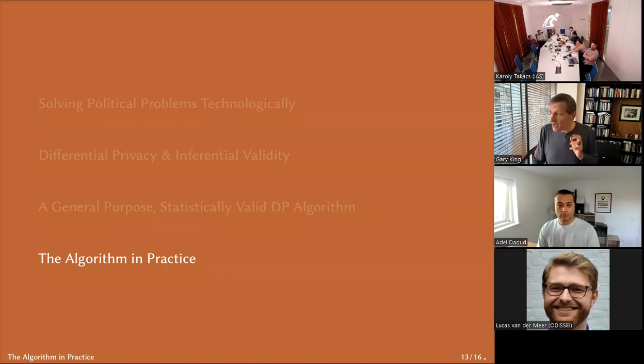The great thing is that you can then go to a government agency or a company and say, give us the data. We can guarantee mathematically that your customers or your citizens will not have their privacy violated. Guaranteed. Not that we'll try hard, but guaranteed. And then we have guarantees as social scientists that our analyses will make sense.